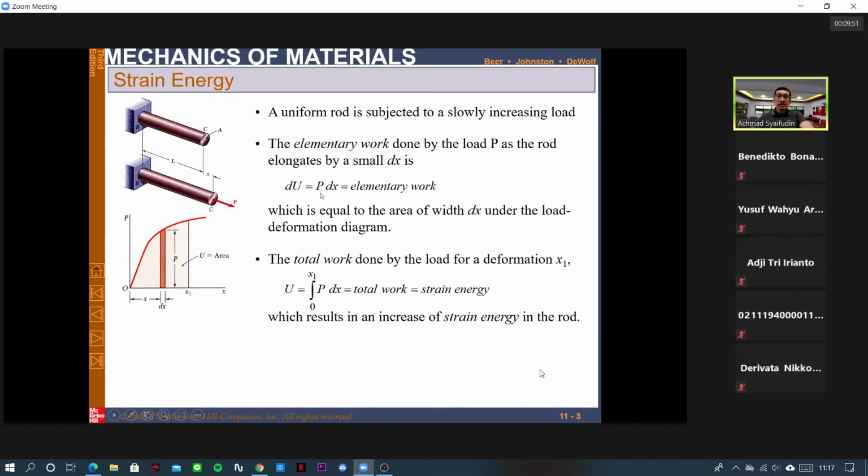You can see here the force multiplied by a small dx, and this is the elementary work.